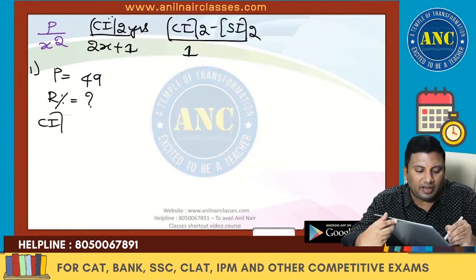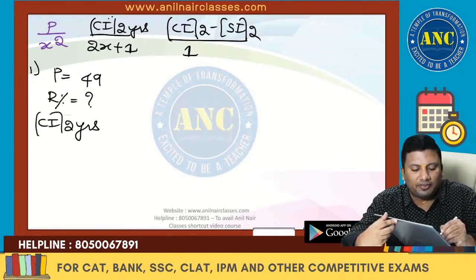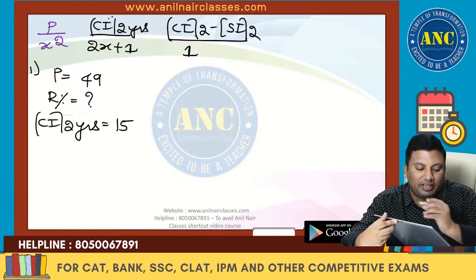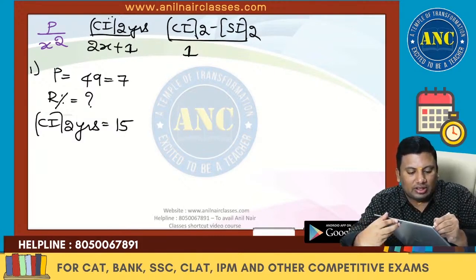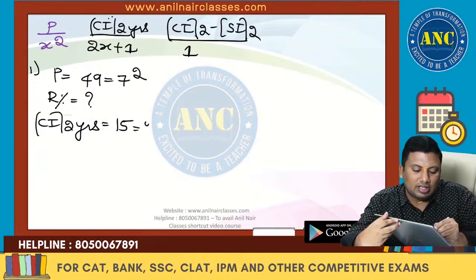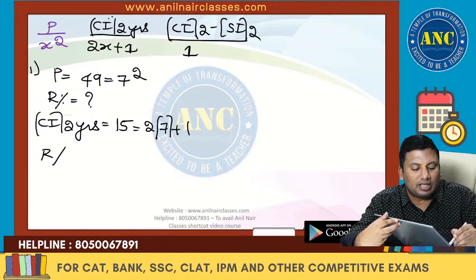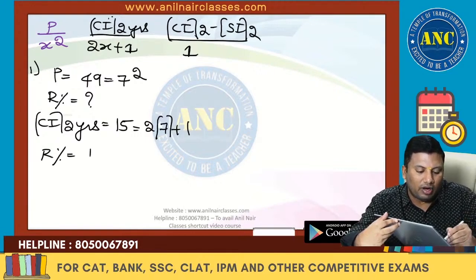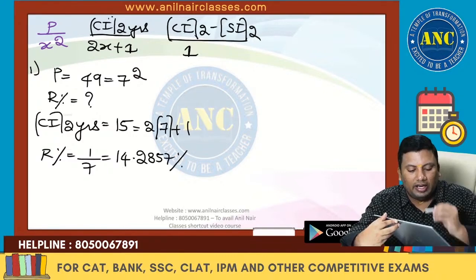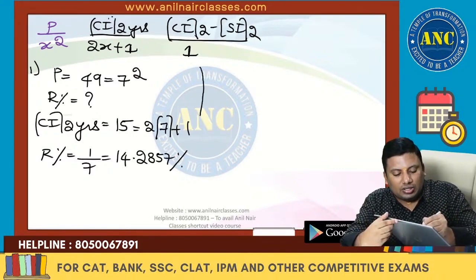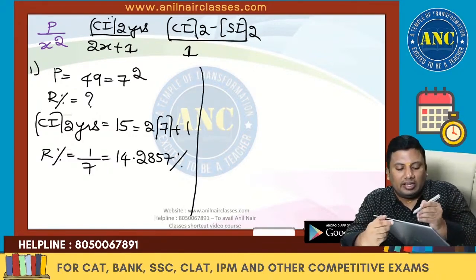When CI for 2 years is nothing but 15, 49 is nothing but 7 square. This is nothing but 2 into 7 plus 1. So R percentage is nothing but 1 by x, so 1 by 7. Answer for this question is 14.2857. Directly just by looking at the question, you will get the answer.